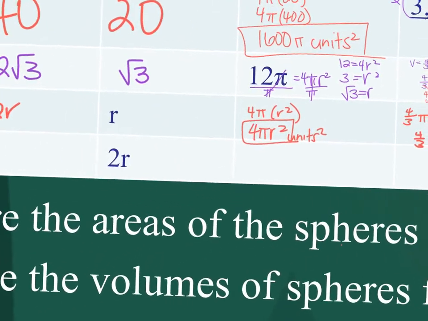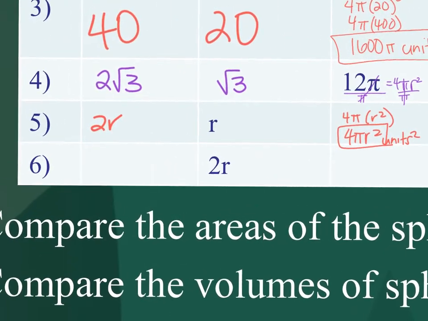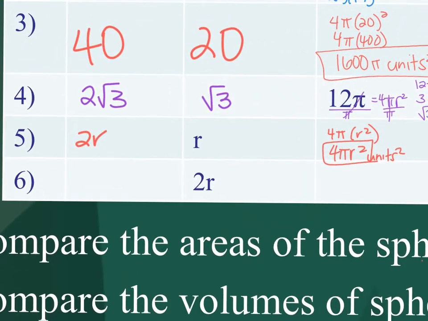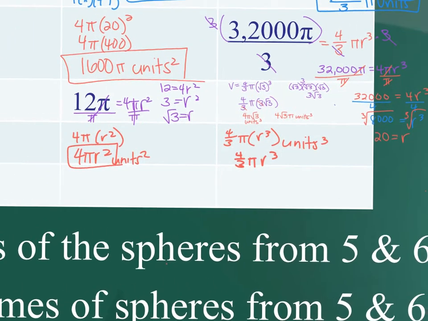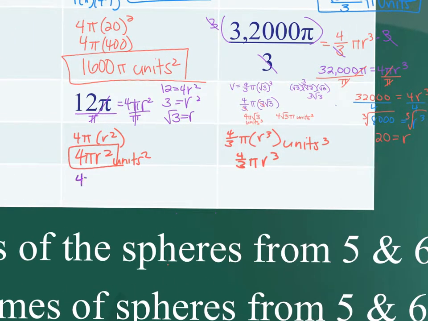Okay, and then the last one in this chart says that 2r is your radius, which would mean your diameter is what? 4r. This would be 4 times pi times 2r squared, which is 4 times pi, 2r times 2r, which is 4r squared.